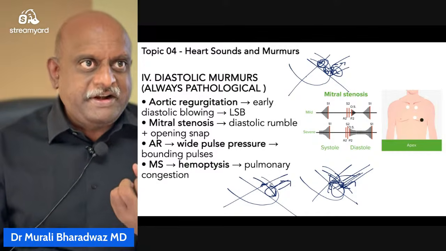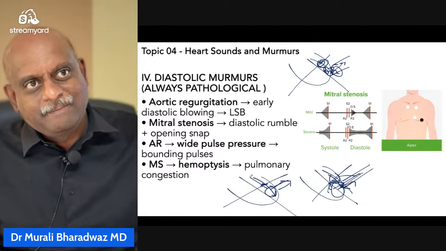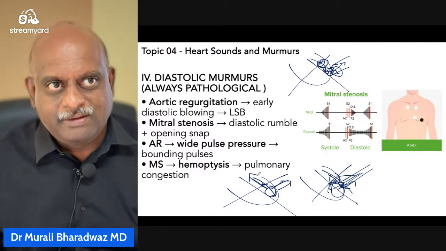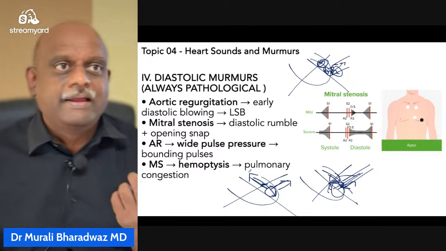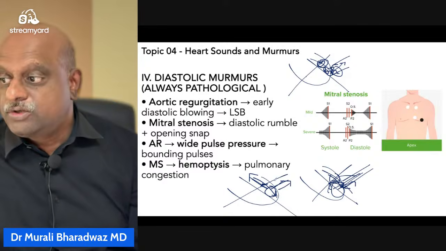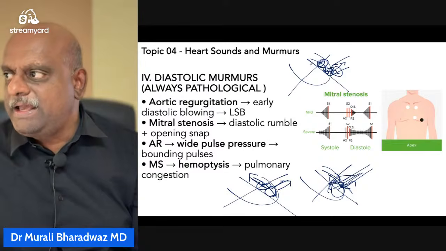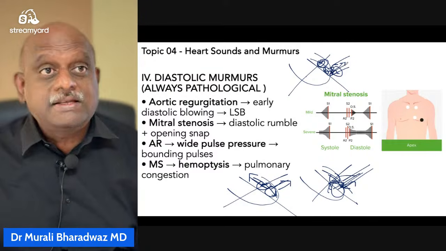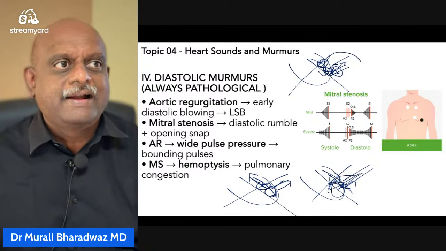The pressure in the ventricle increased, and that pushed the blood back into the atrium. That's the reason mitral regurgitation occurred during ventricular systole. So MR is a systolic murmur. MS is a diastolic murmur. AS is a systolic murmur. AR is a diastolic murmur.